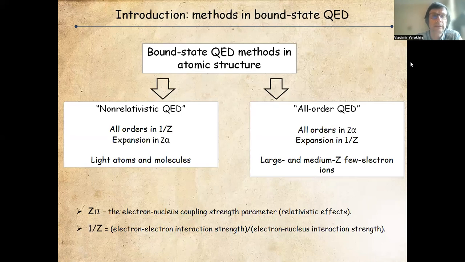This is the electron-nucleus coupling strength parameter, and it regulates relativistic effects in our system. The second parameter is 1 over Z, and this is approximately the ratio of electron-electron interaction to the electron-nucleus interaction.